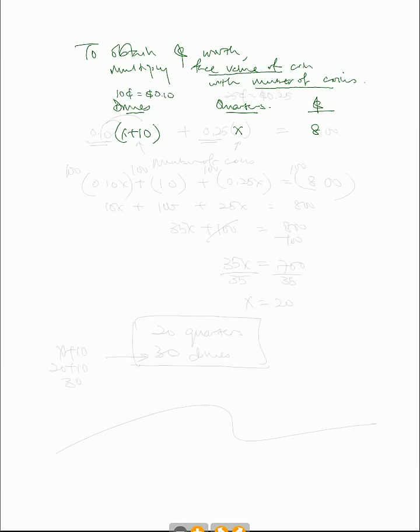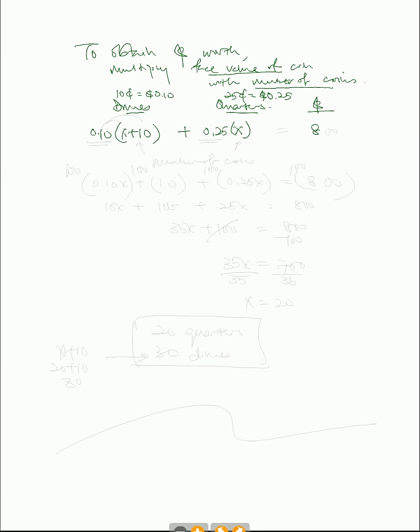0.10 in dollars. And quarters is 25 cents, which is equivalent to 0.25. So this is going to be 0.10 because that's a dime, plus 0.25 times x. So in order for me to get money out of the equation, I have to multiply 2 things, okay?